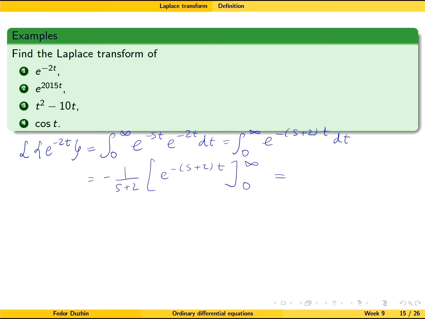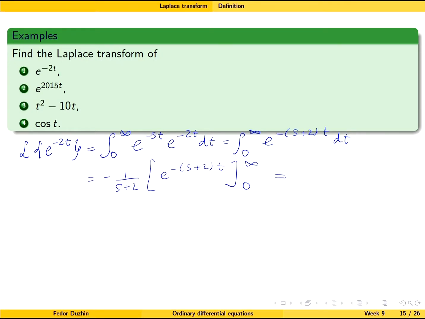Since here we have the change from 0 to infinity, we need to be able to substitute infinity for t, and substituting infinity means taking the limit of this expression as t approaches infinity. But of course, the limit of an exponential function is finite if and only if the exponent is negative.